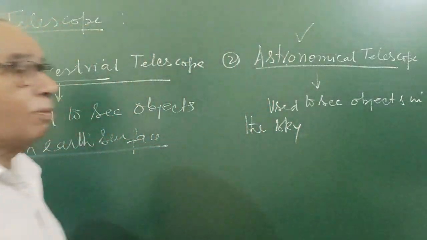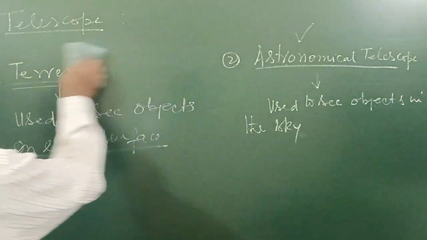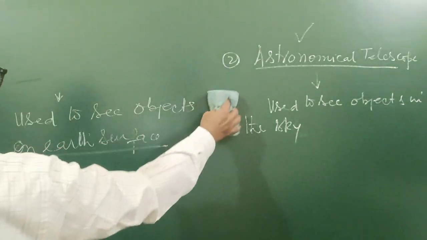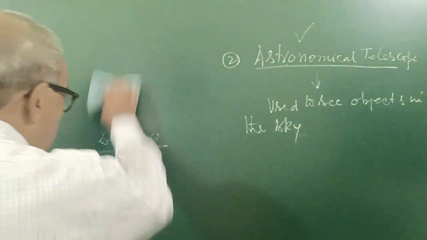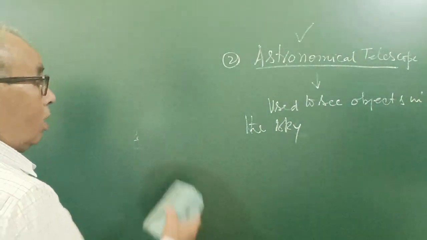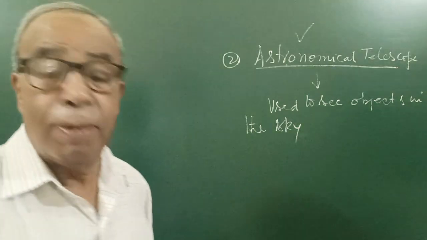Astronomy is a subject which studies the objects in the sky, or which studies the universe. So here we will learn only about the astronomical telescope. These telescopes are also known by different names. Refracting telescope.